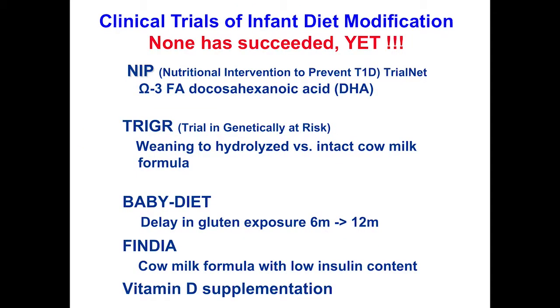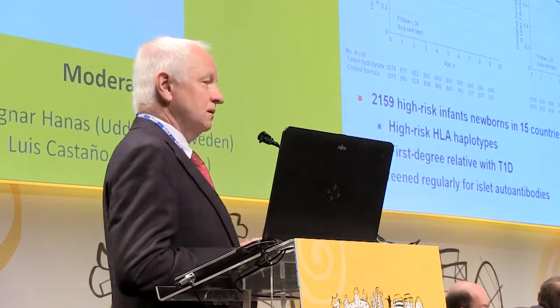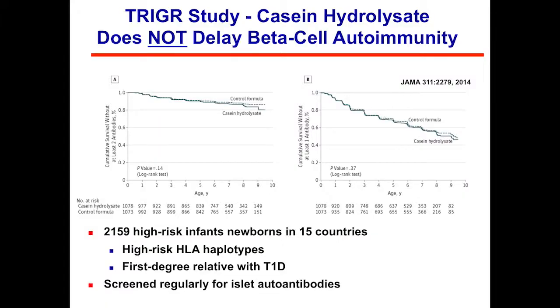Now, there have been several very important clinical trials in this area. Unfortunately, all of them have shown no effect. The best, the largest, is still ongoing. It's the TRIGR study.